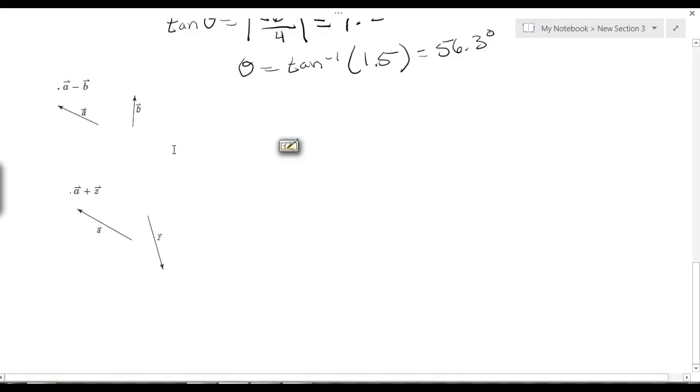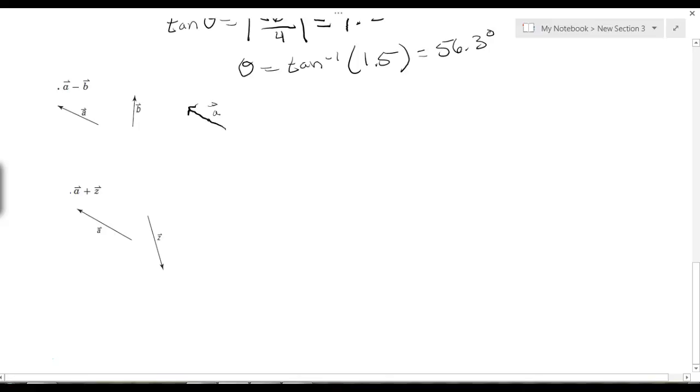So I'm going to redraw my vectors. Whoops. So here, let's see, magic pen. Wake up, magic pen. Here we go. Okay, so if this is vector A, this is vector B, so to subtract vector B, I take vector B in the opposite direction.